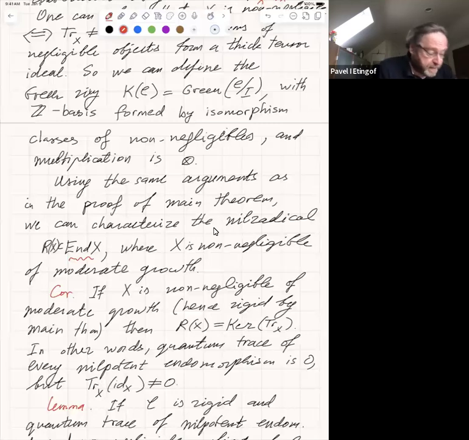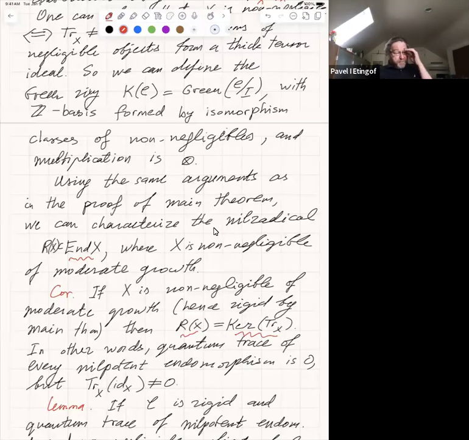So if X is a non-negligible of moderate growth, and therefore rigid by the main theorem, then this radical is exactly the kernel of the trace map. And this means that the quantum trace of every nilpotent endomorphism is zero, but the trace of the identity is not zero.